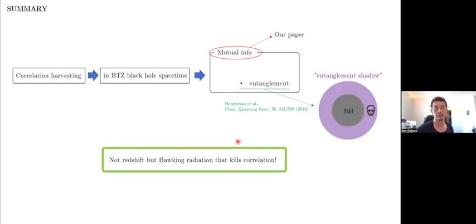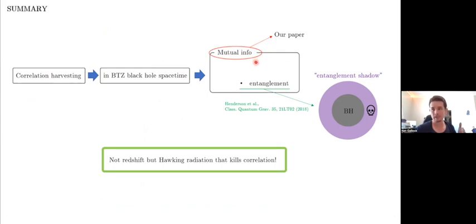So in summary, we have investigated the correlation harvesting in BTZ black hole spacetime. In particular, we looked at the total correlation, mutual information, and we saw that it dies at the event horizon.